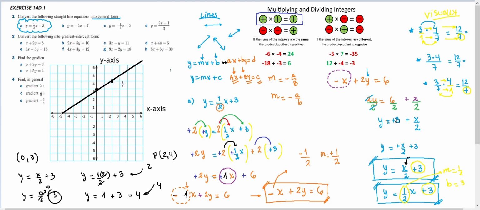This line has a gradient of 1 over 2. How do we check that with the rise over run? Rise 1 and run 2. So your gradient graphically is 1 over 2.